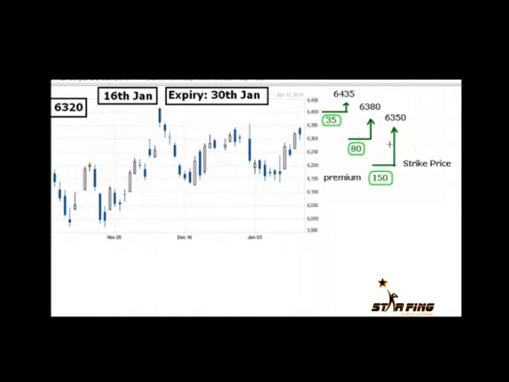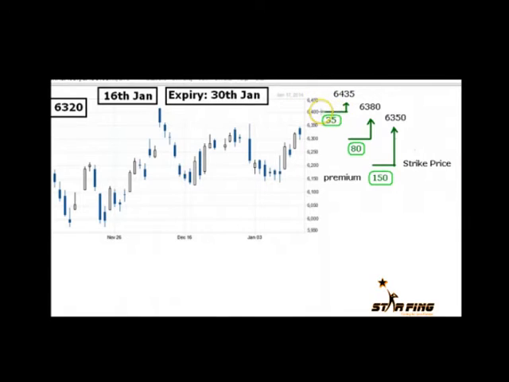And let's say, if I want to buy the 6300 call option, or the 6300 strike price contract, the premium is 80. Then I'm expecting the markets to touch 6380 by this expiry, or in the next 12 days.